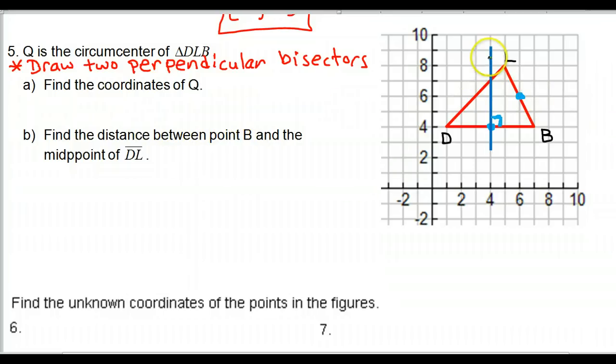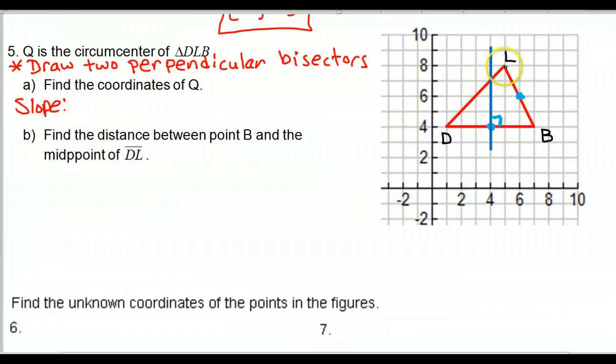You have to start by finding the slope of LB. Let's do what we're supposed to do. You have to start with the slope of the side that you got. For me, the easiest way to find the slope is just to look at the rise and run of it.